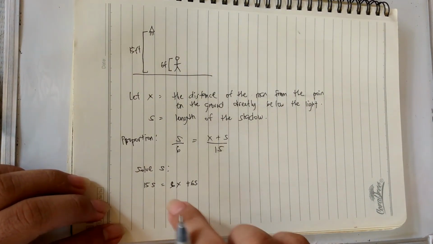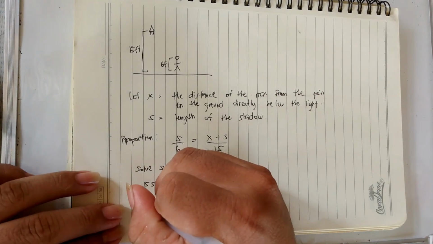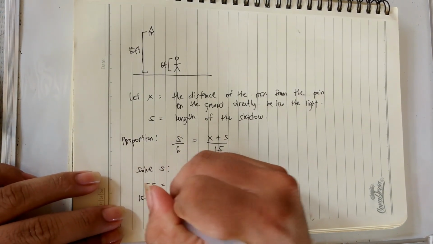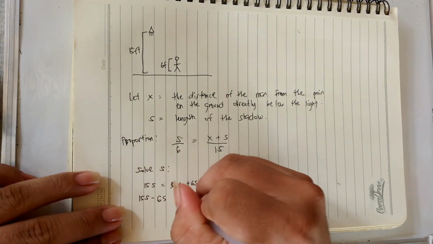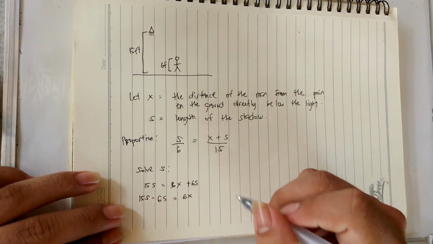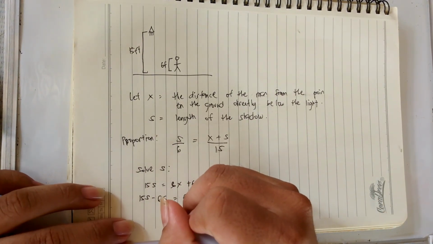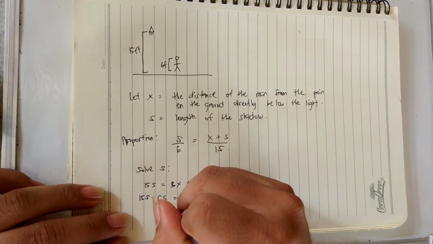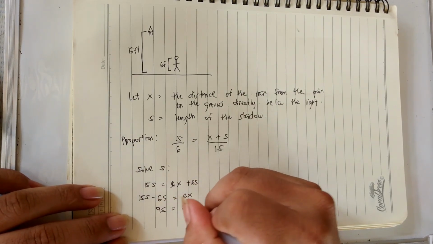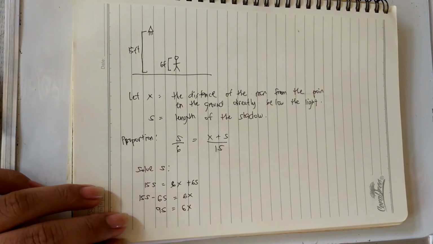So atong i-transfer ang 6s dire. So na siya 15s minus 6s is equal to 6x. So 15 minus 6 is equal to 9s is equal to 6x.